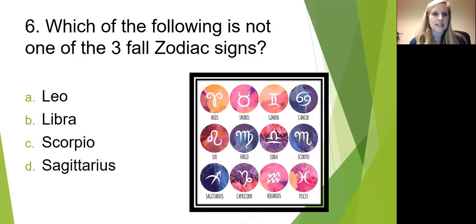Question 6. Which of the following is not one of the 3 fall zodiac signs? Is it A, Leo, B, Libra, C, Scorpio, or D, Sagittarius?